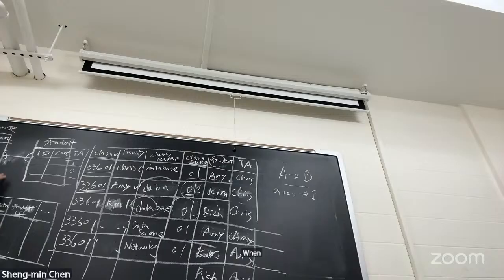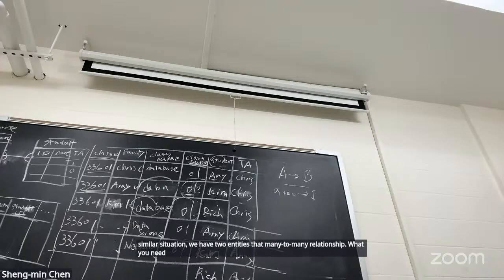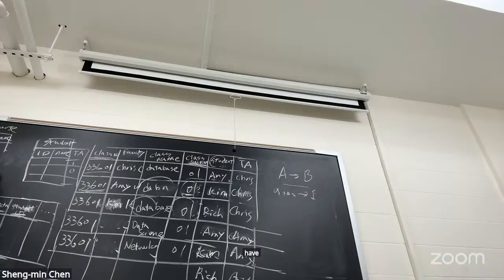When you have these similar situations, we have two entities that have a many to many relationship. What you need to do is you must have a transitive table. Transitive table, also known as weak entity or joint entity.